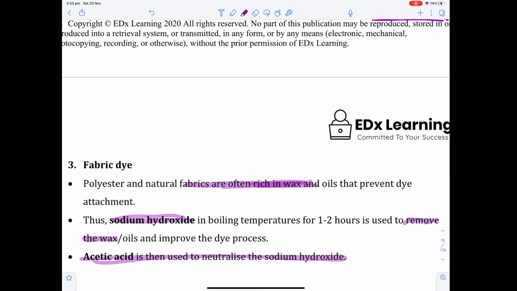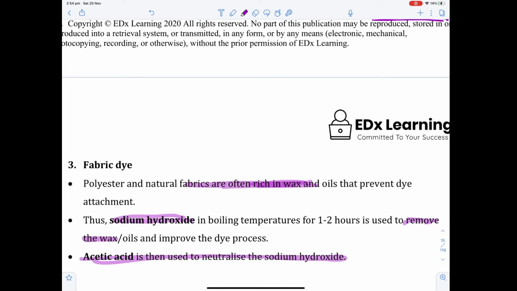The gist here is a lot of your natural fabrics, like polyester. Polyester is a fabric we can artificially produce, or we can naturally source as well. In fact, if you look at the back of your shirts, the majority of your shirts will have some element of polyester. When we're trying to dye polyester a specific color, the natural waxes can prevent it being dyed, so we add a base to remove the wax.